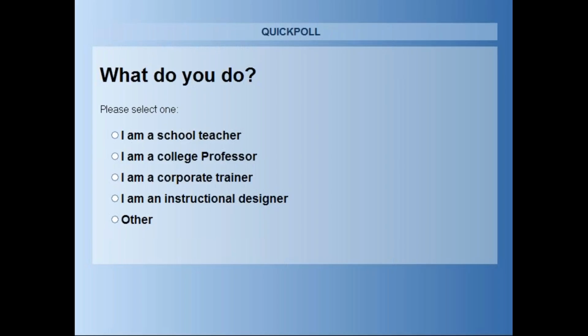So apart from an instructional designer, I can be an e-learning trainer as well. Okay, cool. We have a very interesting answer from Gabby. She says that she's an e-learning student and would like to become an instructional designer. How cool is that? Yeah, that sounds like a great path.